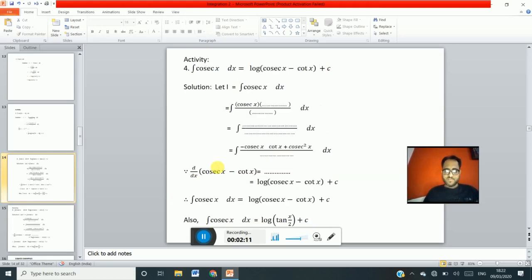See the second activity: the integration of cosec x dx is log of cosec x minus cot x, right? Again consider that let I be equal to the integration of cosec x.